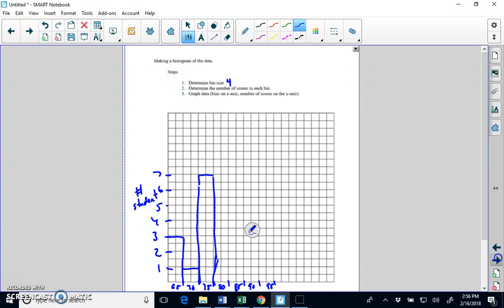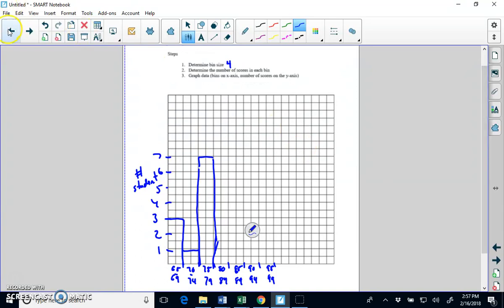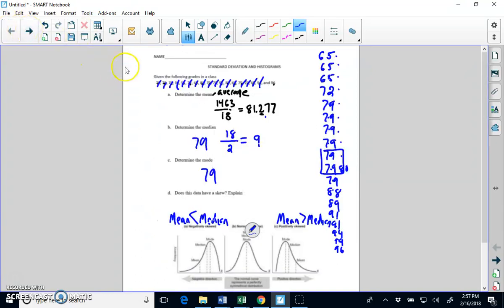And then between the bin range of 80 and 84, if we go back to the data, there are 0 between 80 and 84, so there's no bar there. The next bin range was 85 to 89, and I believe there are 2. Yes, 2.